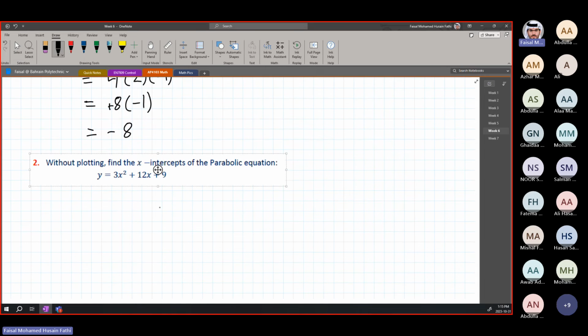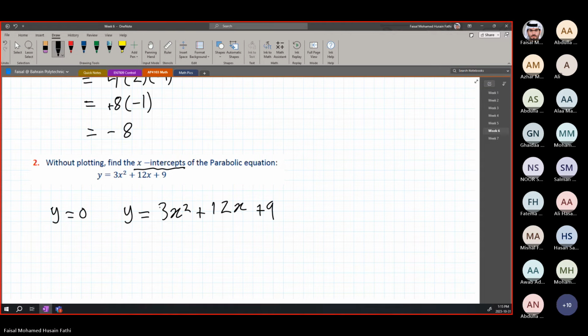Without plotting, find the x-intercepts of the parabolic equation. Because it's asking for the x-intercepts, we will have to equate y to be equal to 0. The equation we have is y equal to 3x squared plus 12x plus 9.